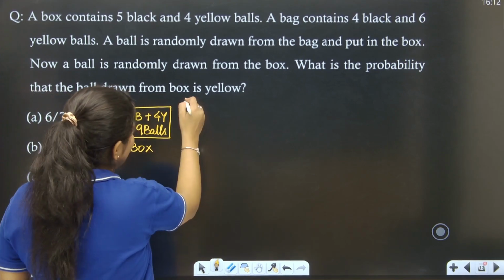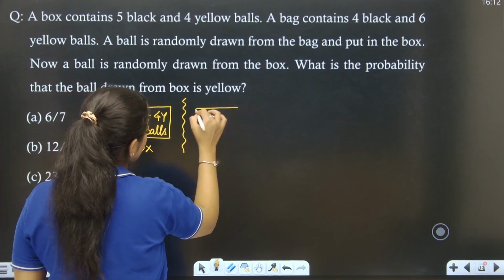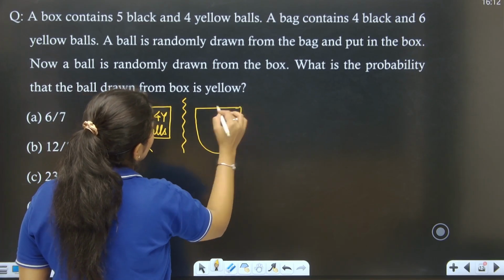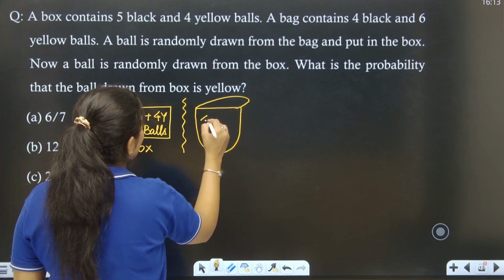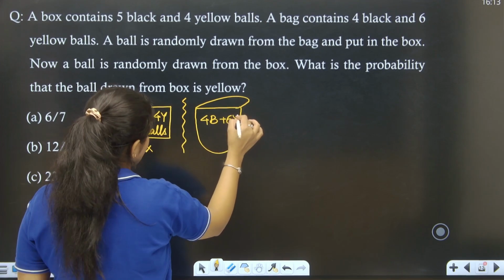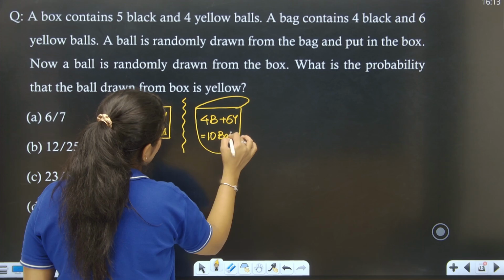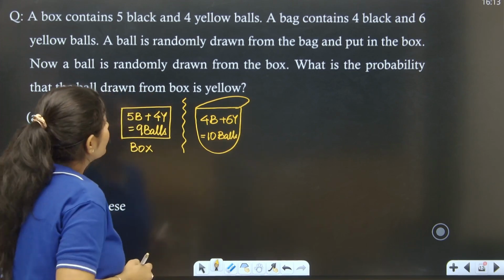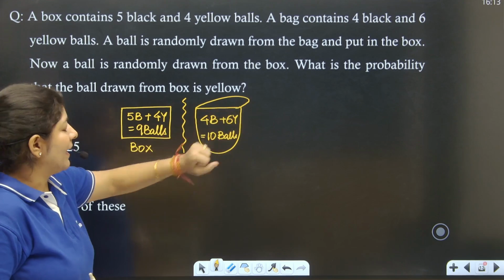Okay. Now in the second scenario, we are having a bag. In this bag, we are having 4 black and 6 yellow balls. So in total, we are having 10 balls. Now the question is saying that a ball is randomly drawn from the bag.